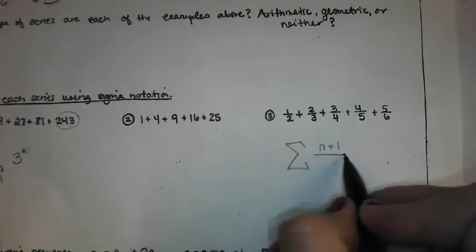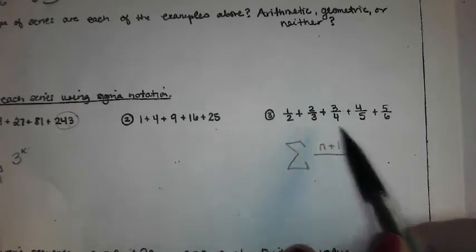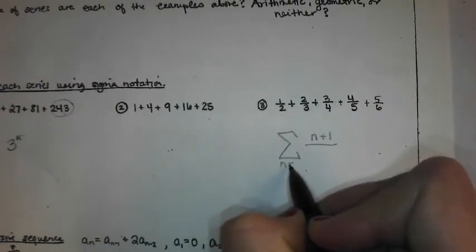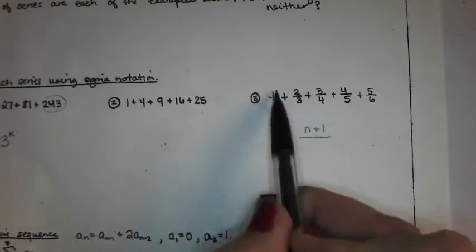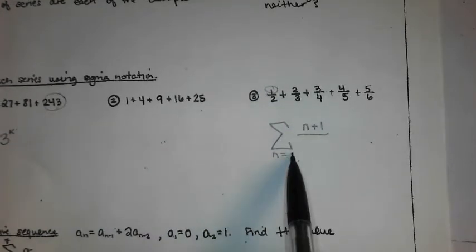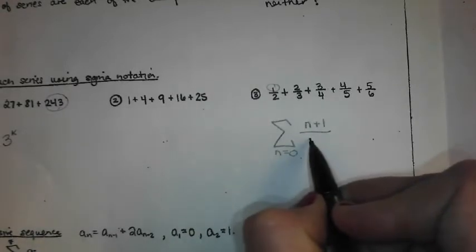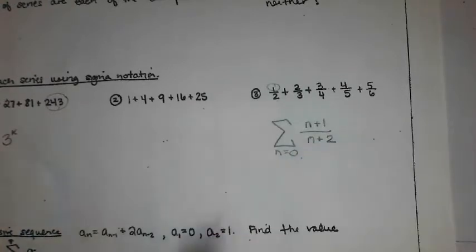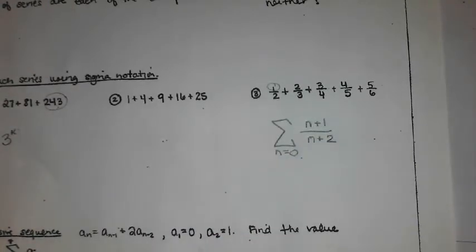And the denominator starts at 2. So what am I going to start n at if I want my numerator to start at 1? 0. So what would the denominator have to be in order to get me to 2? N plus 2. Very good. See that?